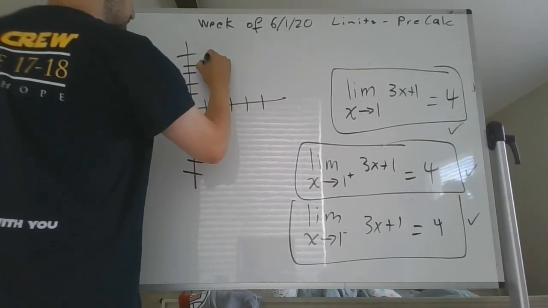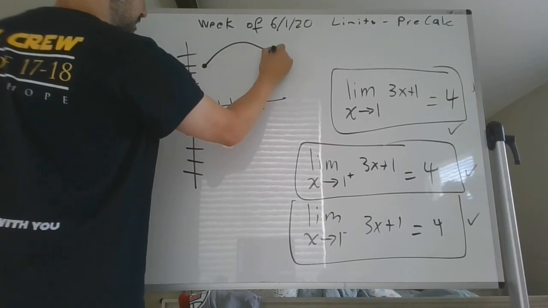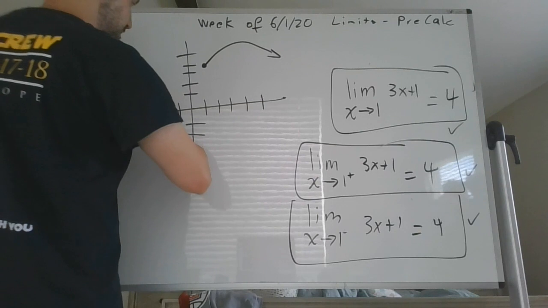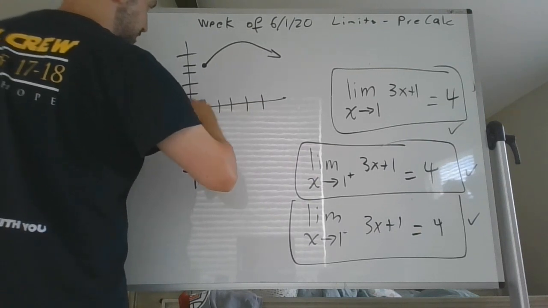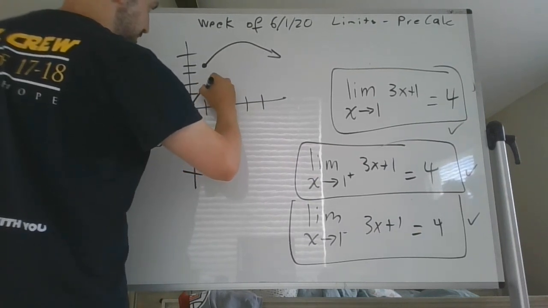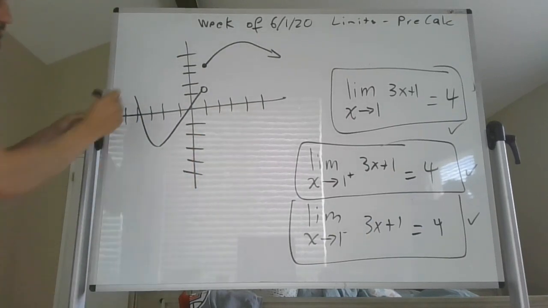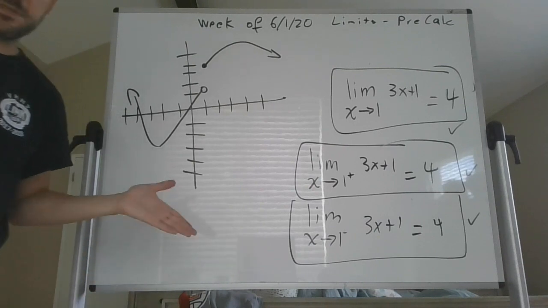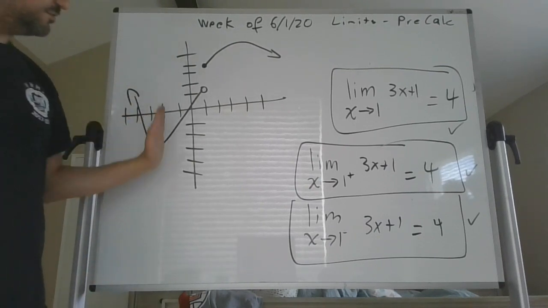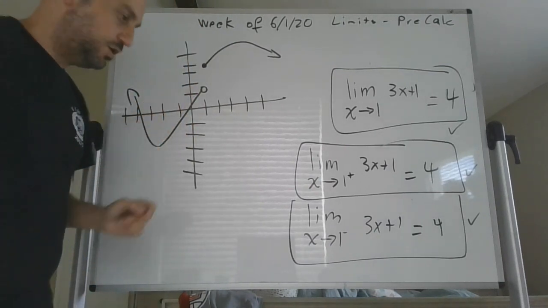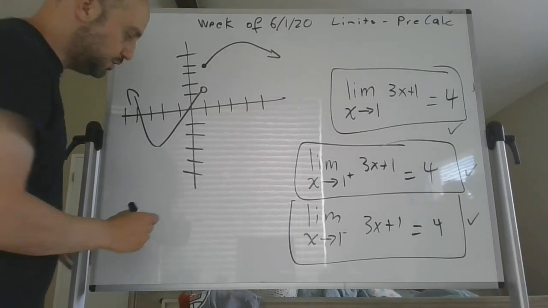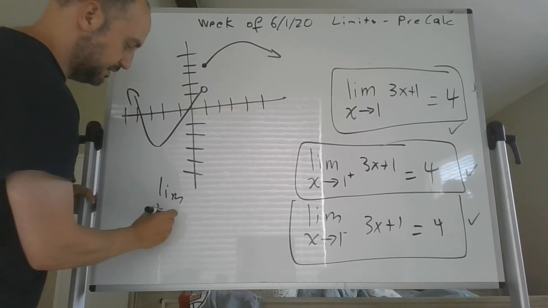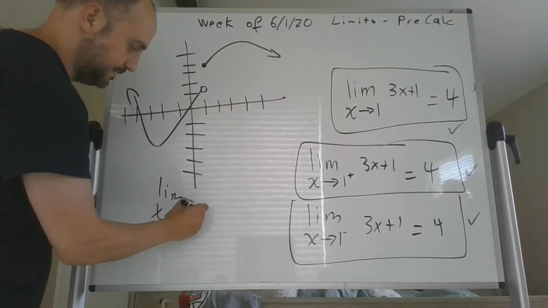Let me show you an example of a graph where that is not the case. Something looks like this. This graph, okay? This function is a function, yes, it passes the vertical line test. Now, if I were to ask you, what's the limit as x approaches 1?